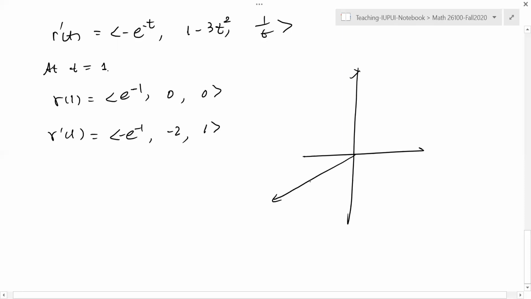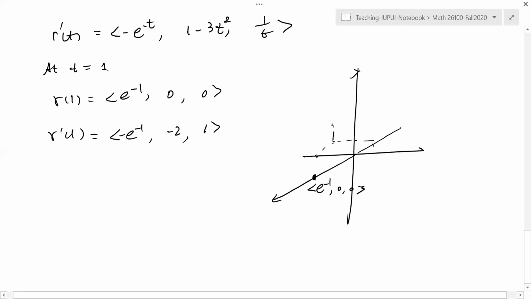This is going to be somewhere here: e to the negative 1, 0, 0. Now for another point, you have to figure out how to draw it. The first component is negative, the second component is also negative, and the third component is positive. So it goes like that.